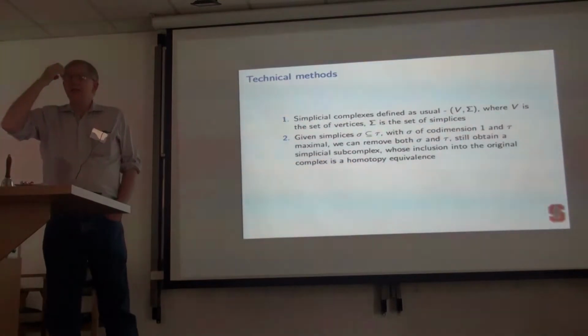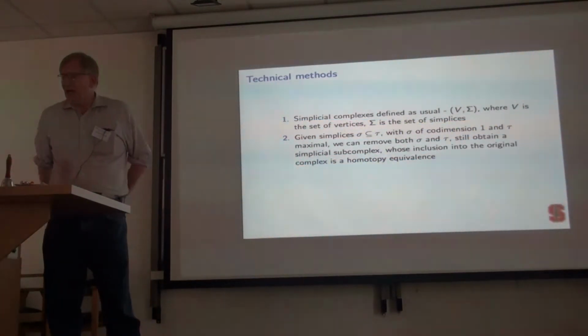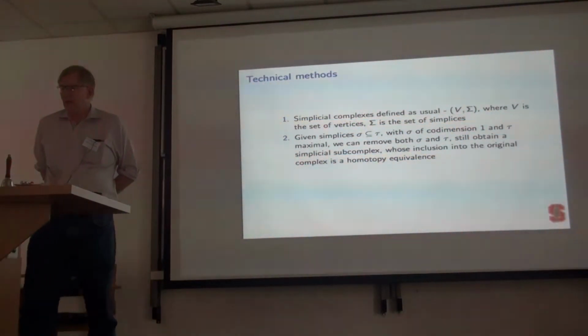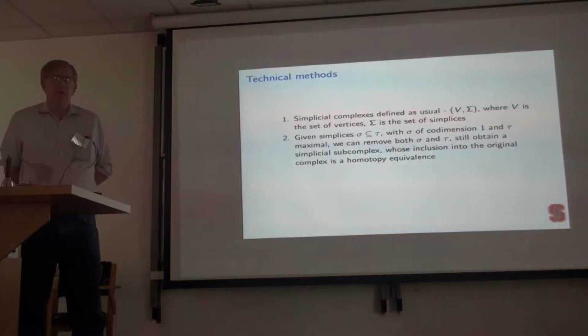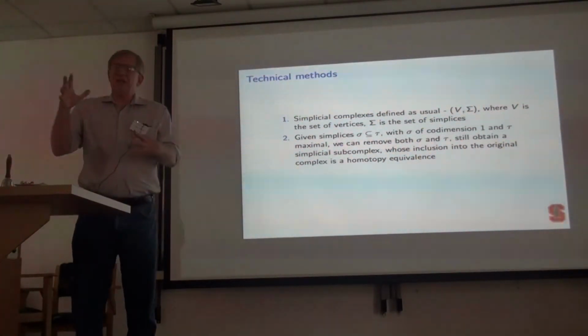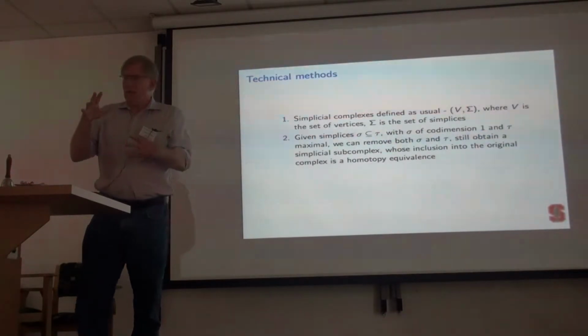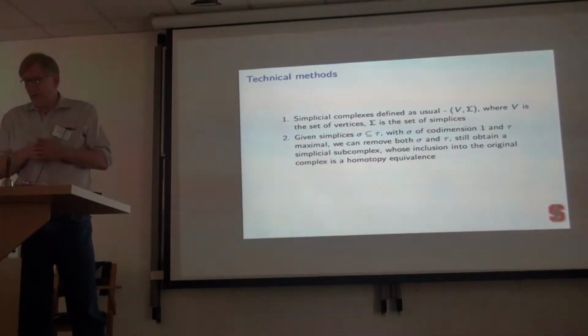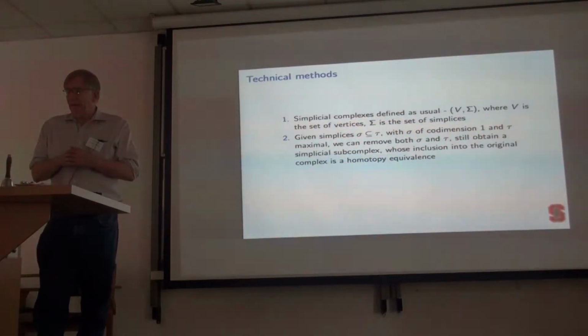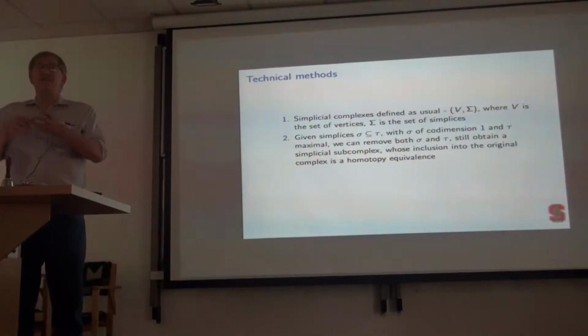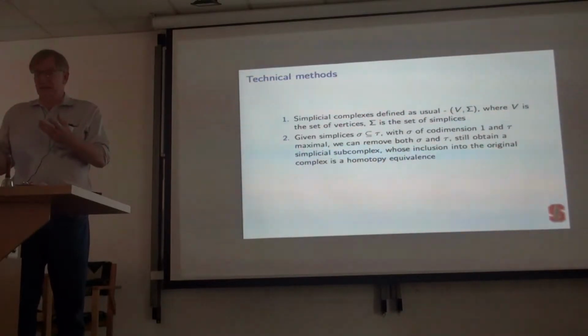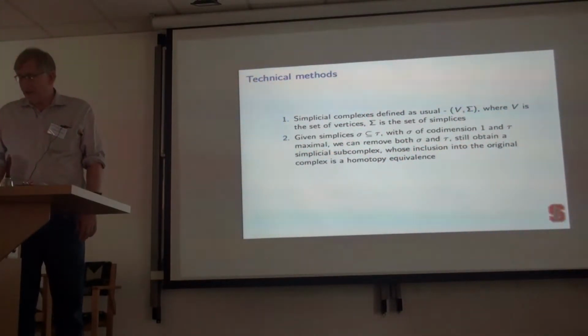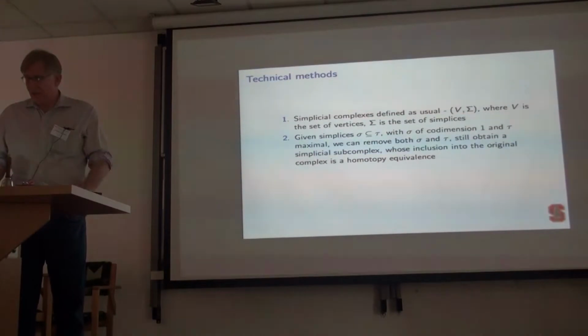Now, in a simplicial complex, suppose that I have a maximal simplex, tau. So it's not contained as the face of any other simplex. And I have a codimension one face of that, sigma, which has the property that it is not a face of any other simplex bigger than tau.